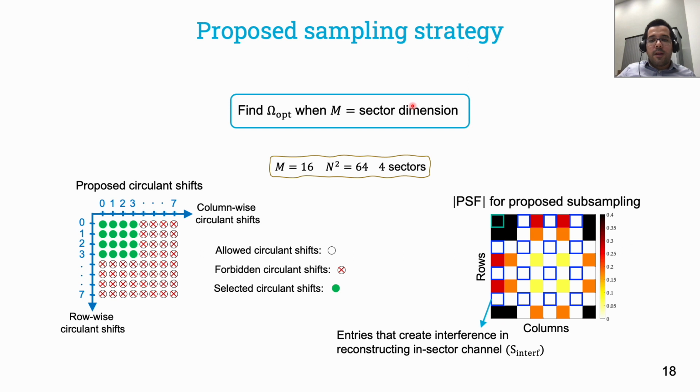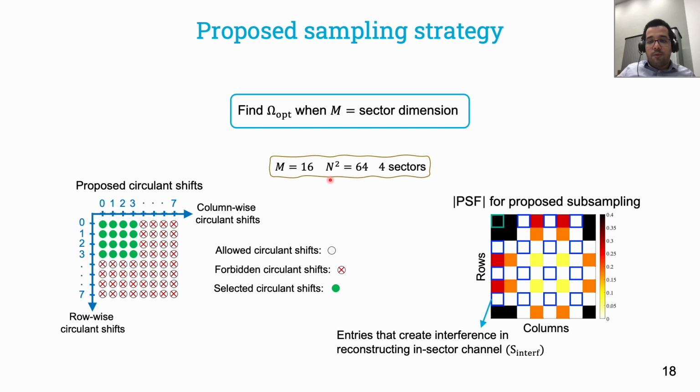We first find the optimal 2D circular shifts, denoted by omega opt here, when the number of measurements is equal to the sector dimension, which corresponds to the Nyquist regime. For the comb-like sectors we proposed, we showed that the optimal sample pairs for the Nyquist regime look like the ones shown over here. In this example, we considered an 8x8 phased array and 4 sectors.